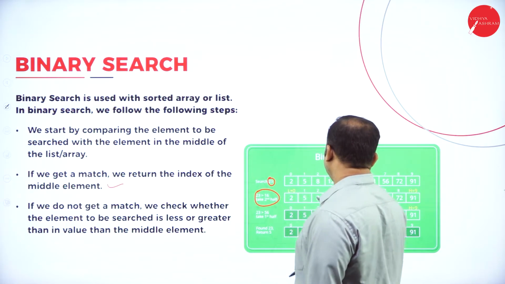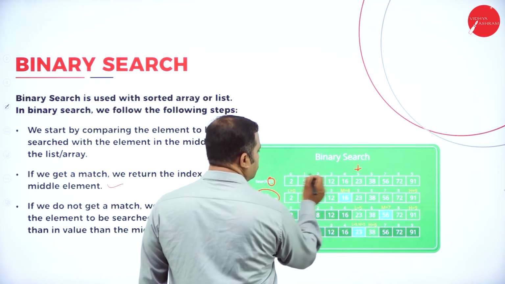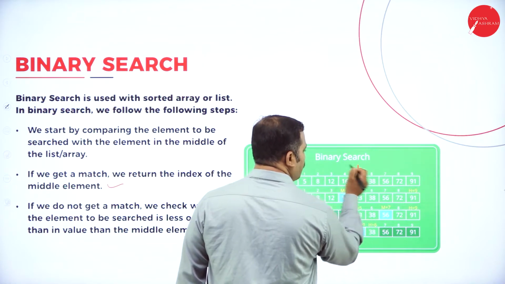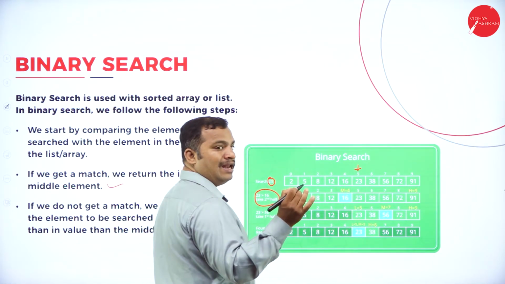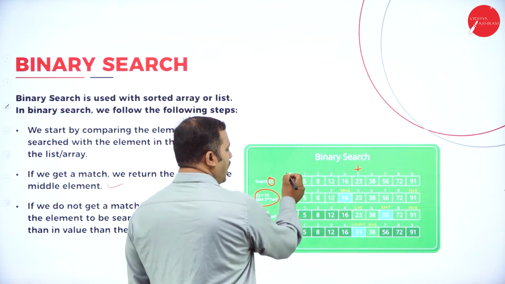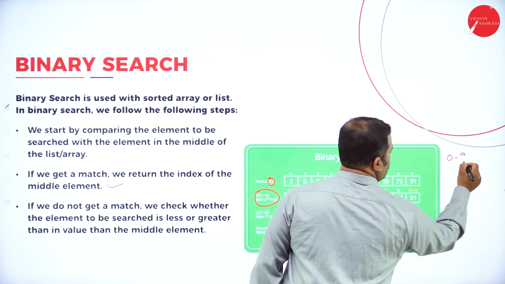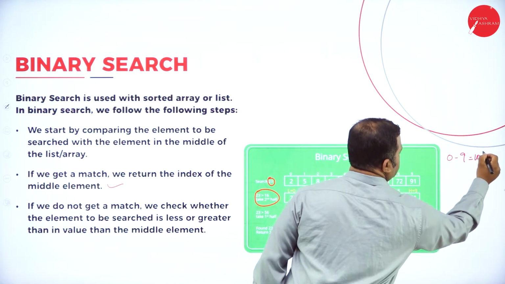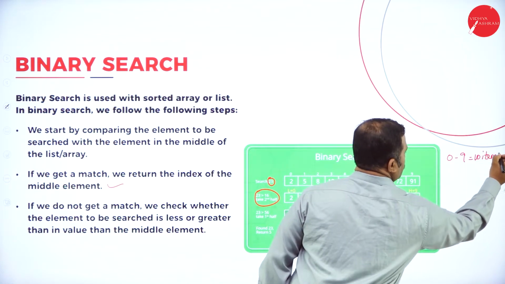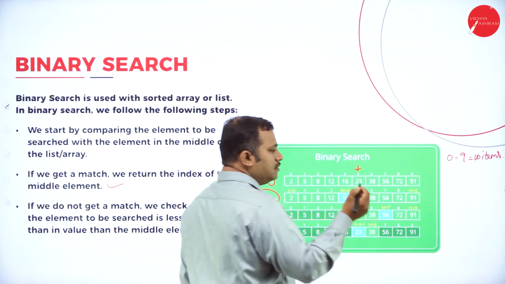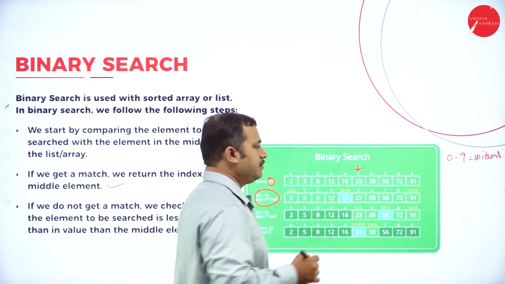See here, initially I want to search for an item 23, which is present in the 5th position. Totally, how many elements are there in the list? We have 0 to 9, that is 10 items. This is an even numbered array.